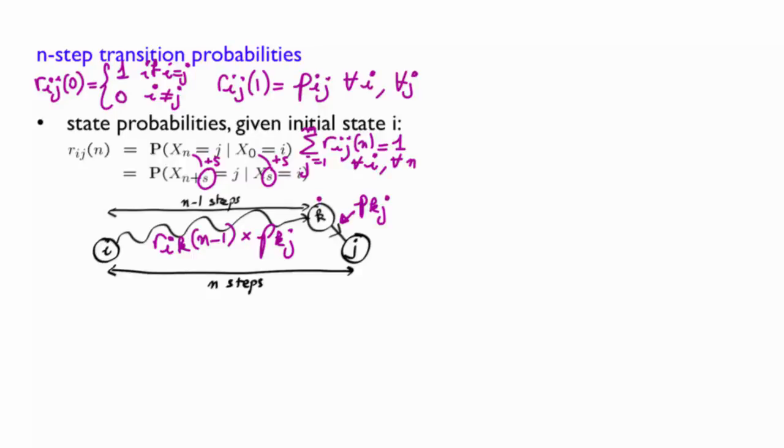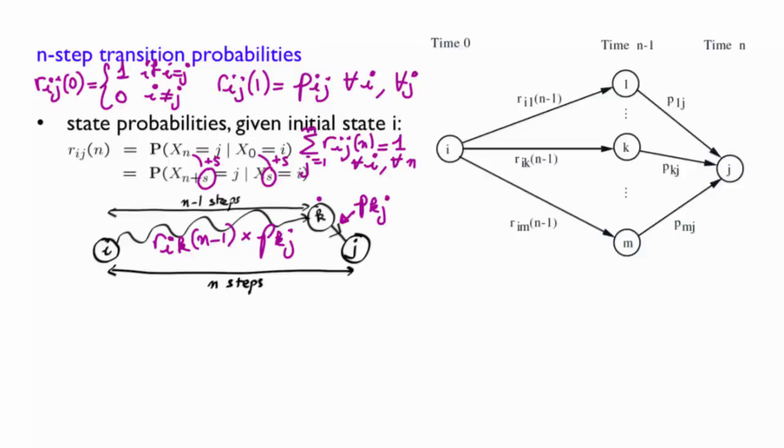In summary, all such paths can be represented by the following diagram. So again, from time 0 you're in state i, and you want to be at time n in state j, and you break down all the possible ways by first looking at what would happen after step n minus 1. You can be in state 1, state k, all the way to state m. We have calculated these expressions here.